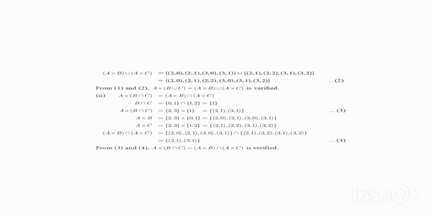They are given as equation number 3 and 4, and checking 3 and 4, we get the result, that is A cross (B intersection C) equals (A cross B) intersection (A cross C). Thus we verify both results, subdivision 1 and 2, and 1.3 is completed now.